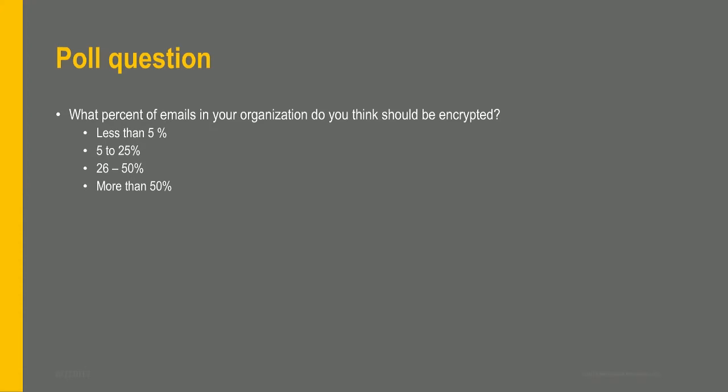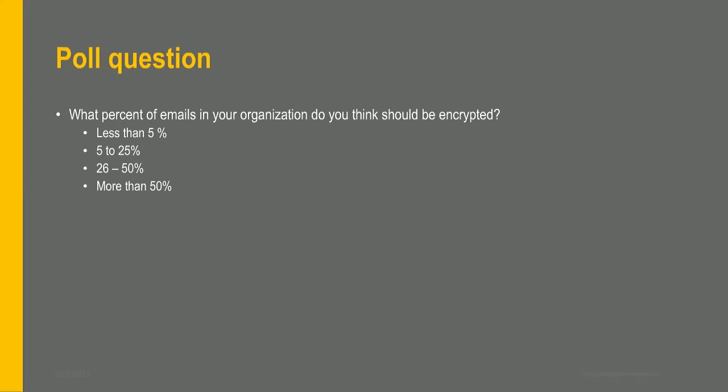It'll be interesting to see what kind of results we get here because we'll be discussing next certain results from our survey that talked about how much email should be encrypted. Right. Well, this is kind of surprising. People are saying more than 50%. So there's a recognition out there that the insecure part of email is something that is dangerous and needs to be controlled.